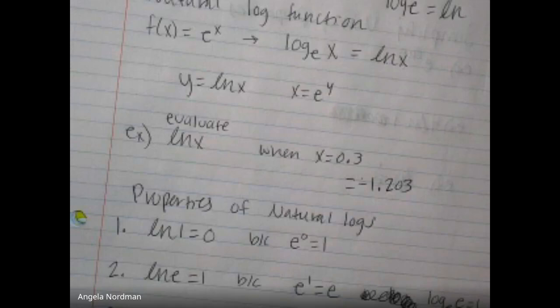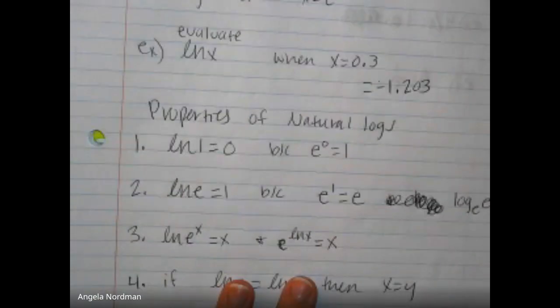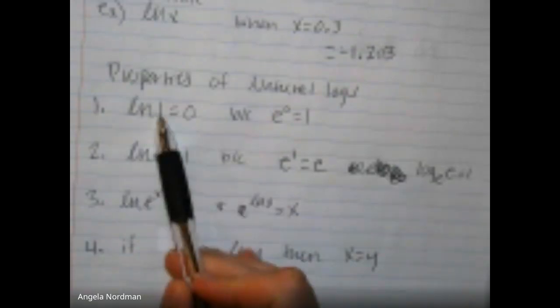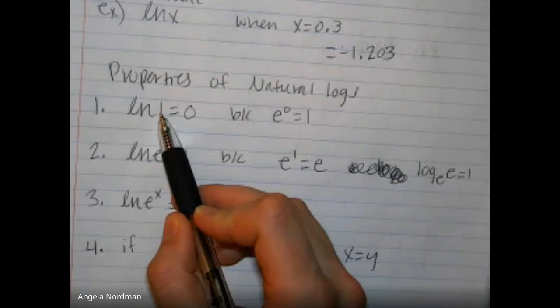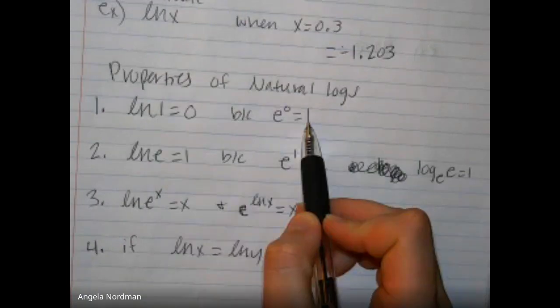Since we had properties for log functions, we also are going to have properties for these natural log functions. They are just spin-off properties using ln in place of log base a, just to show you that these same things roll over when we're talking about natural log. So if we take the natural log of 1, it equals 0 again, because this is log base e of 1, and e to the 0 power gives me 1.